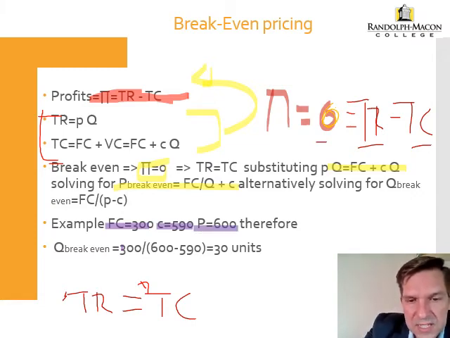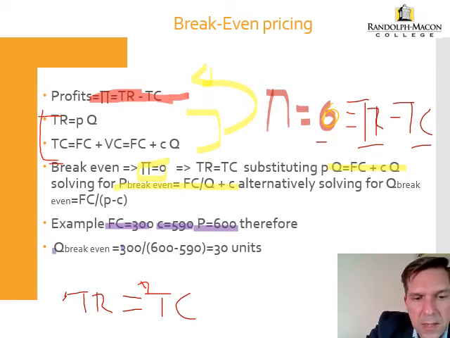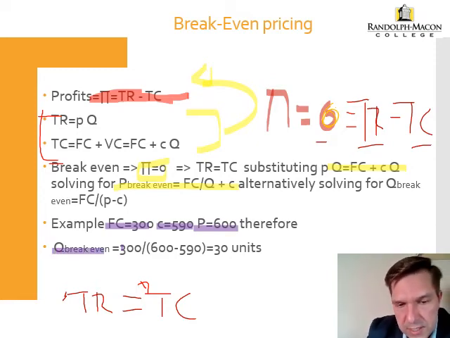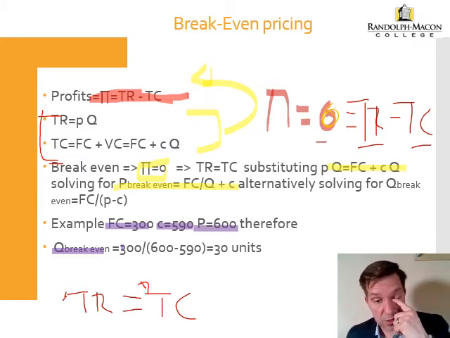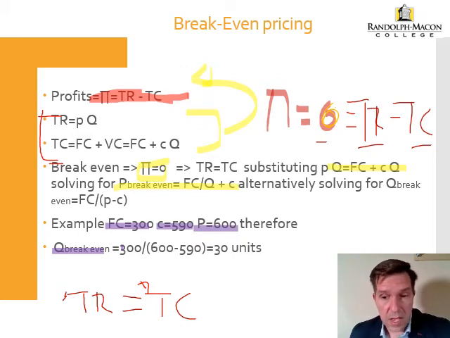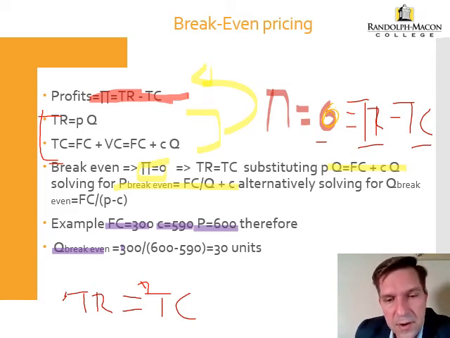So at a price of 600, my break-even quantity is going to be 30 units. You can see that by just following the formula. You take the fixed cost 300 and divide by the contribution margin, which in this case is $10 because it's 600 minus 590. That gives you 30 units that need to be sold in this simple scenario so that you can get a profit of 0. That's what break-even tells you.